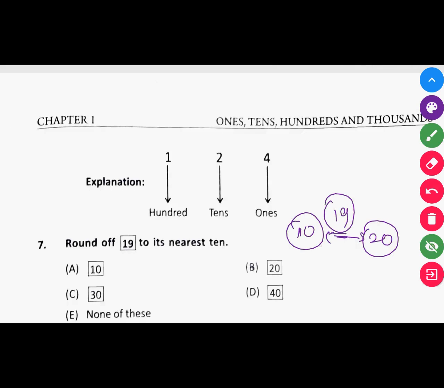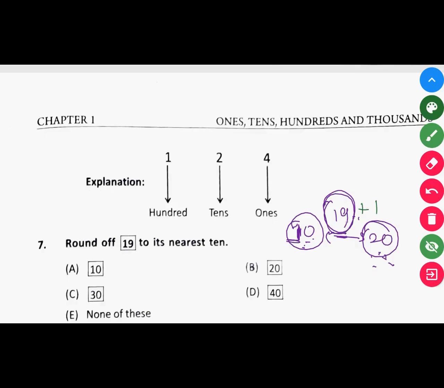The number 19 is in between 10 and 20, which are tens. Both 10 and 20 are tens. So 19 is in between 10 and 20. Which option do we have to choose, 10 or 20?